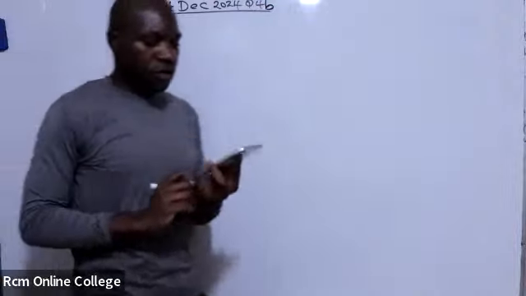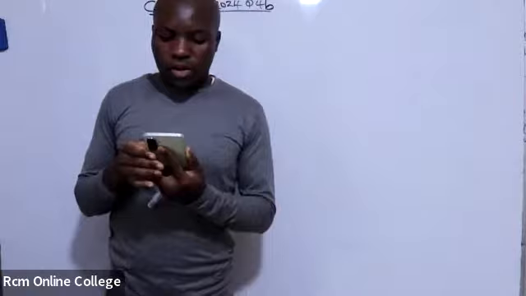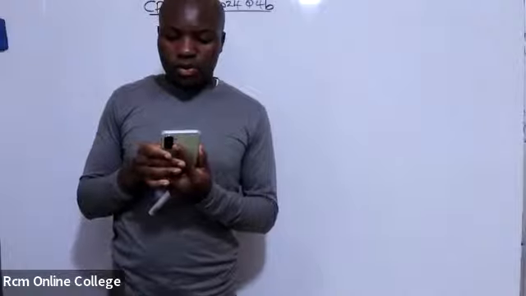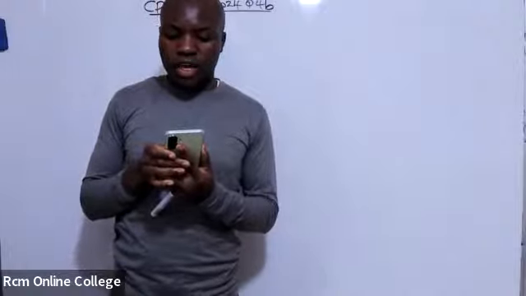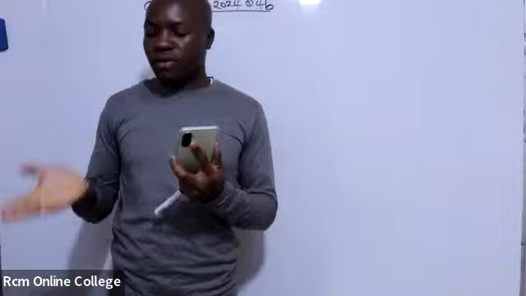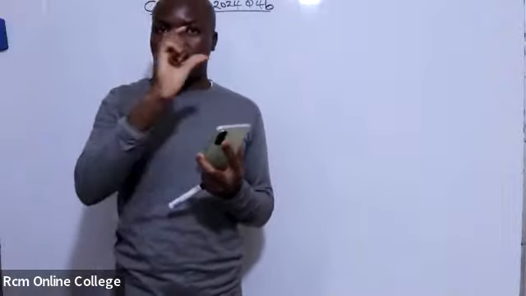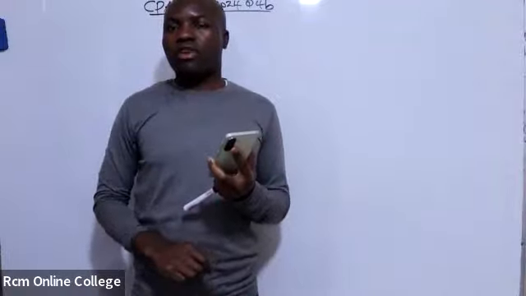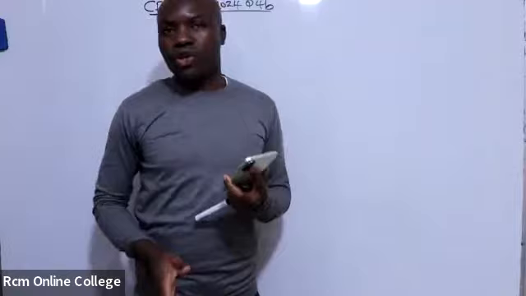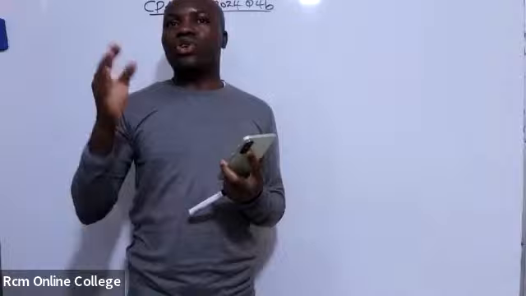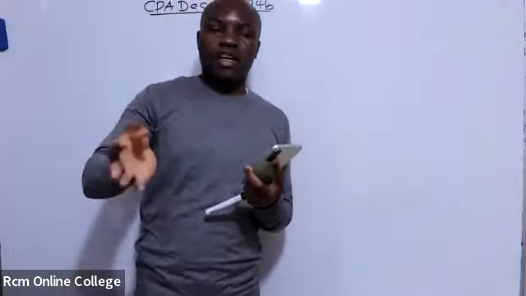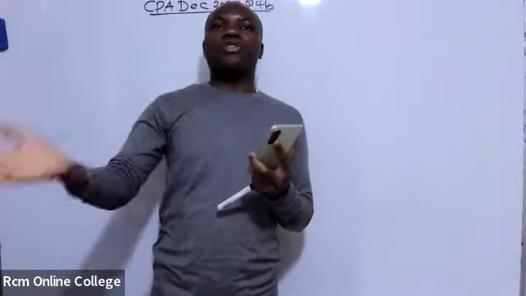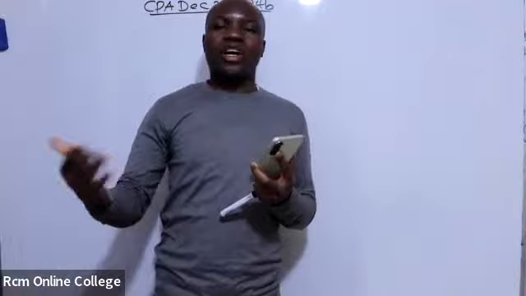The question says that the following trial balance was extracted from the books of Bella Omari, a sole trader, as of 30th September 2024. At this level, we are normally taught about journal entries. You do journal entries, you come up with the ledger accounts, then you give the closing trial balance.